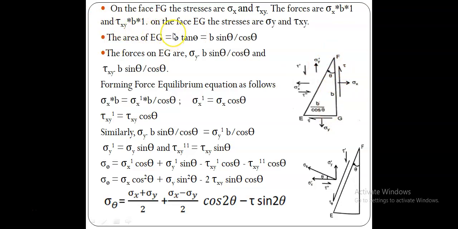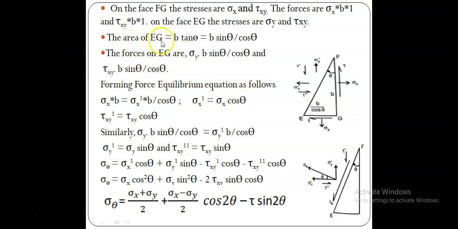Same thing, on the face EG, the stresses are sigma y and tau xy. Now the forces on the face EG are sigma y into B sin theta by cos theta into 1, and tau xy into B sin theta by cos theta into 1.